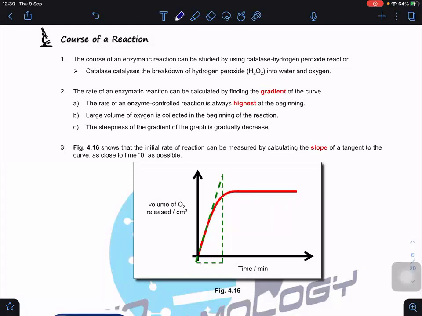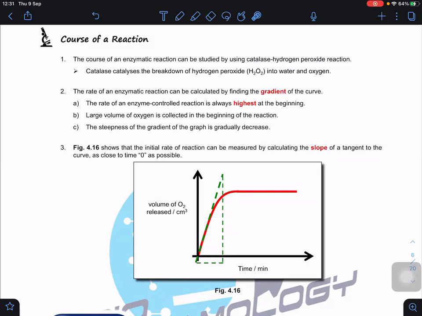So the next part of the topic, we're going to look at the course of a reaction. Basically, we are going to follow the course of reactions, what actually happened in this case. We use the catalase-catalyzed hydrogen peroxide reaction so that we measure how fast products can be formed. The rate of enzymatic reactions we can calculate by finding the gradients of the curve.